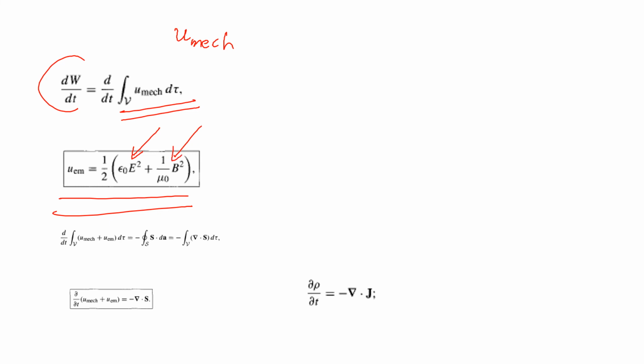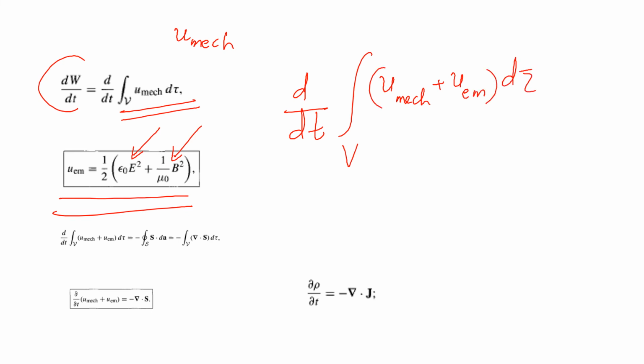So using these two, we can write Poynting's theorem as d by dt of the integral over the volume of U mechanical plus U electromagnetic times d tau is equal to minus integral S dot dA.